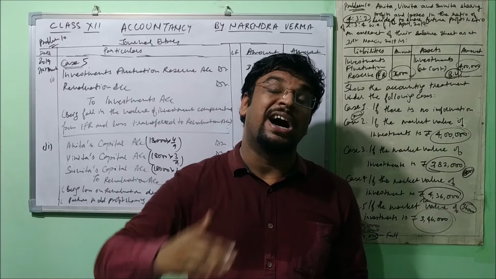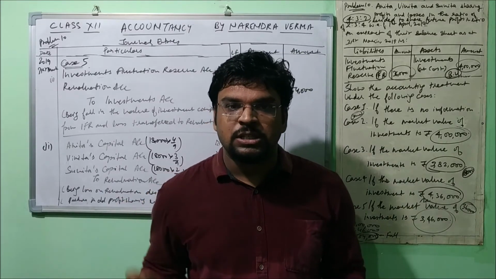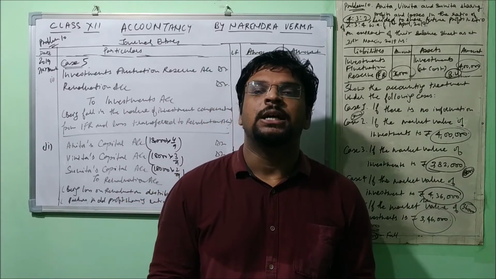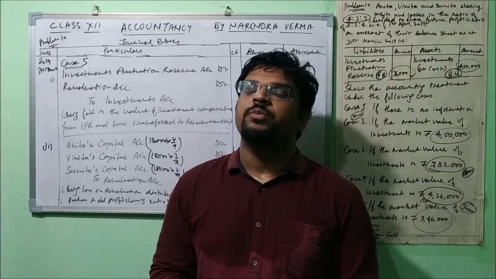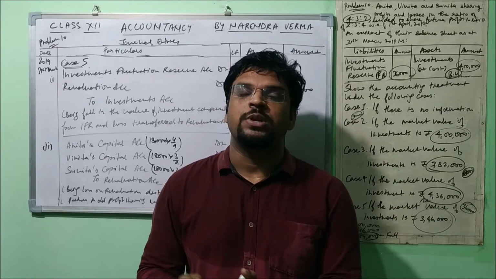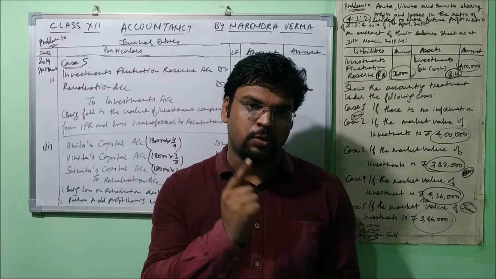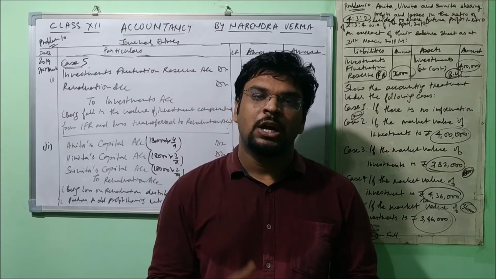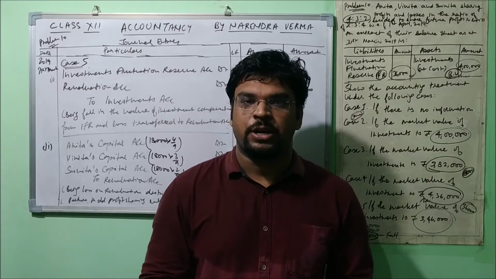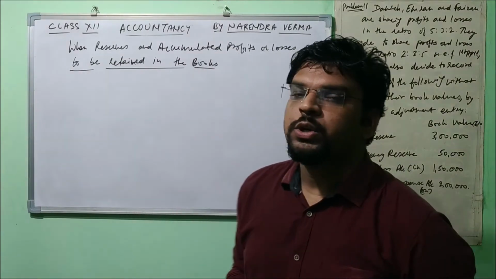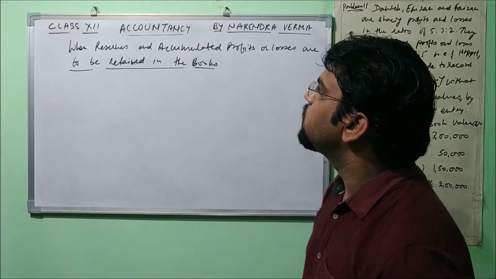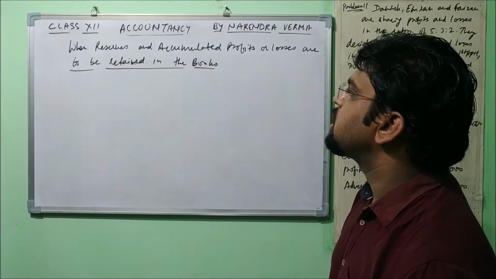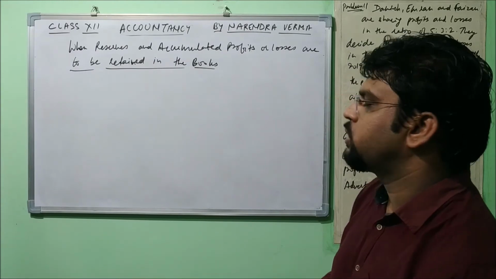Now let's move on to another concept related to the same topic we are discussing right now, accounting treatment of reserves and accumulated profits or losses. So there is one more concept left here. We are just having a discussion on that right now. Fine. So what we are going to learn is when reserves and accumulated profits or losses are to be retained in the books.